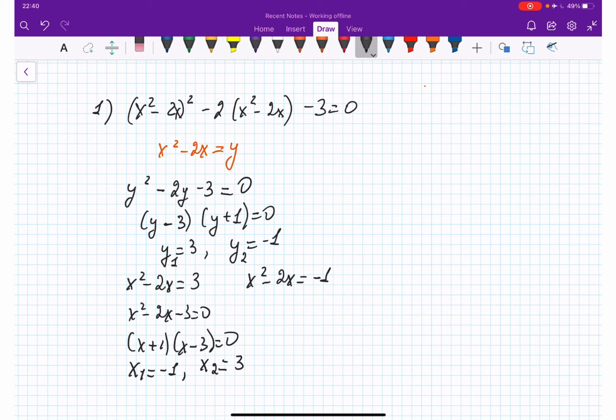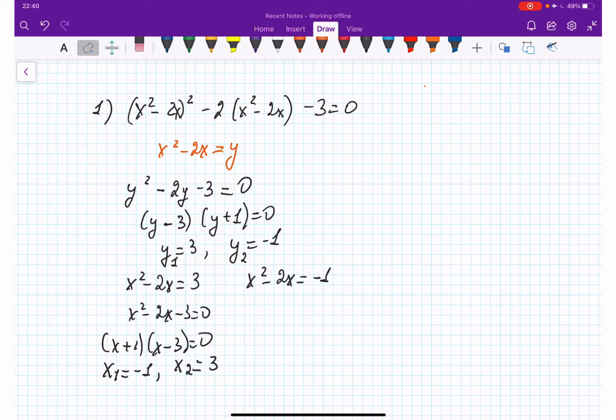Okay, and here x squared minus 2x plus 1 is equal 0, and this is going to be (x minus 1) squared.